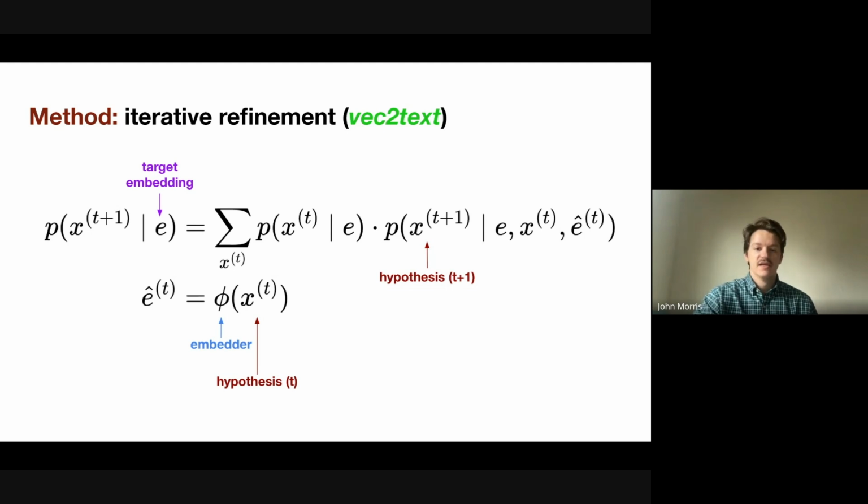You would have to decode every possible sequence at every time step, which is exponentially hard and infeasible. So in practice, we just take the most likely sequence via greedy decoding at each time step, and then the output probability is computed by summing over a single sequence at every time step.